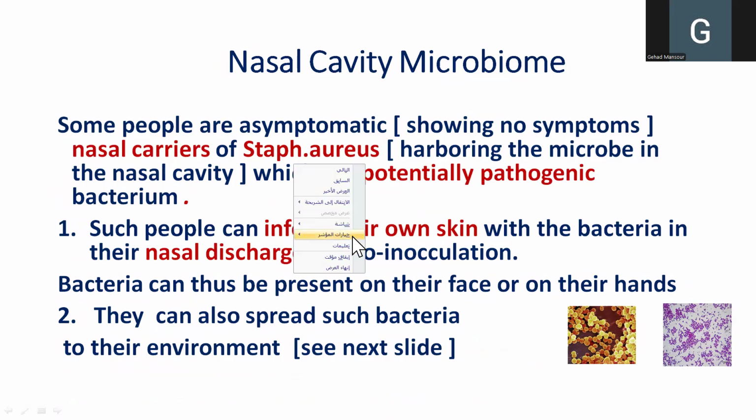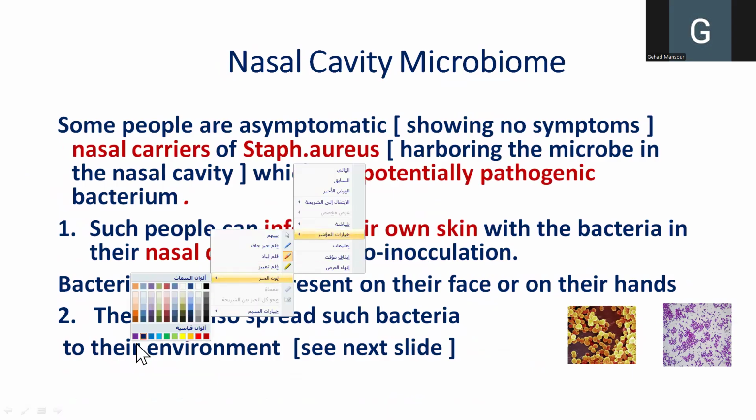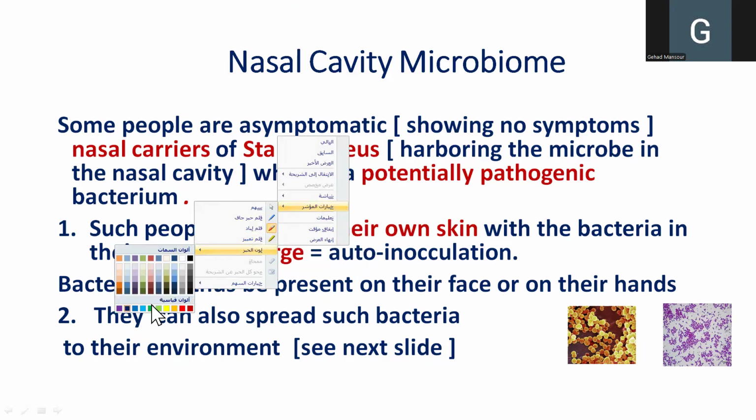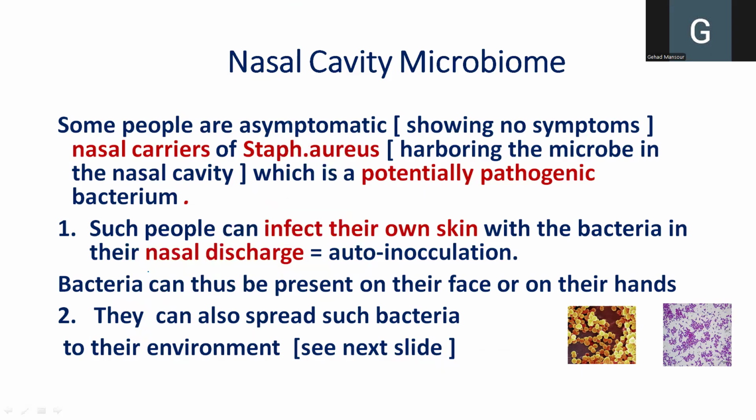We also haven't mentioned the nasal cavity microbiome, and here we have to talk about the nasal carriers. What is an asymptomatic nasal carrier? This is an important question. The asymptomatic nasal carrier. When I say asymptomatic, this means that it's subclinical.